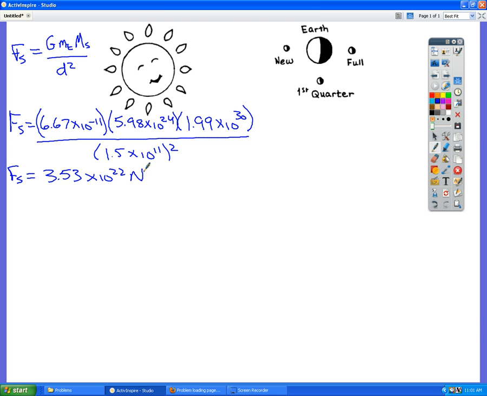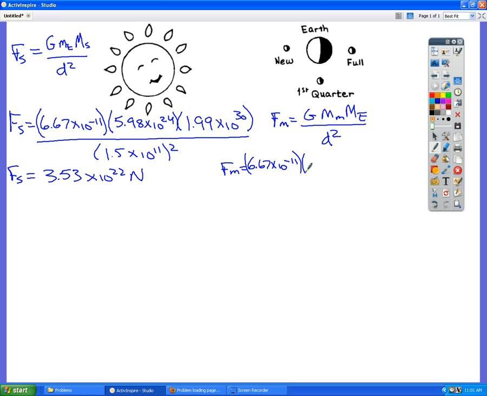On the other hand, we need to look at the force of the moon. So the force of the moon, we'll use the same equation, G times mass of the moon times mass of the earth, and we will divide all that by the distance between the two squared. So the force of the moon will be similar, 6.67 times 10 to the negative 11th.